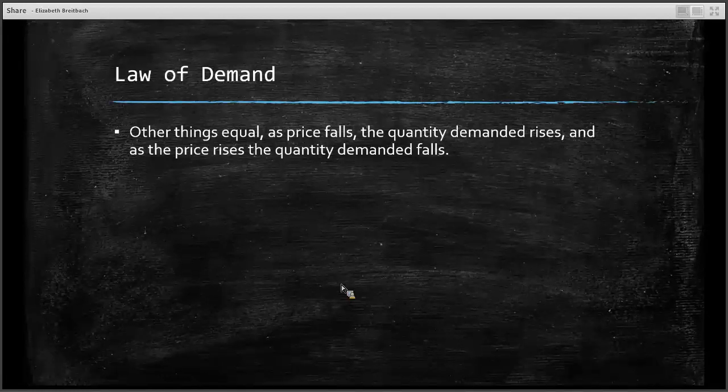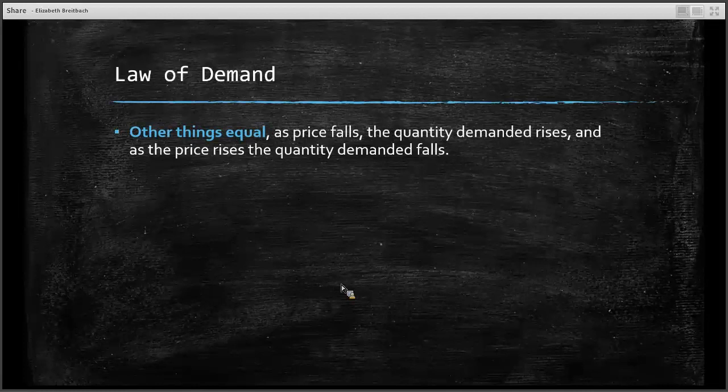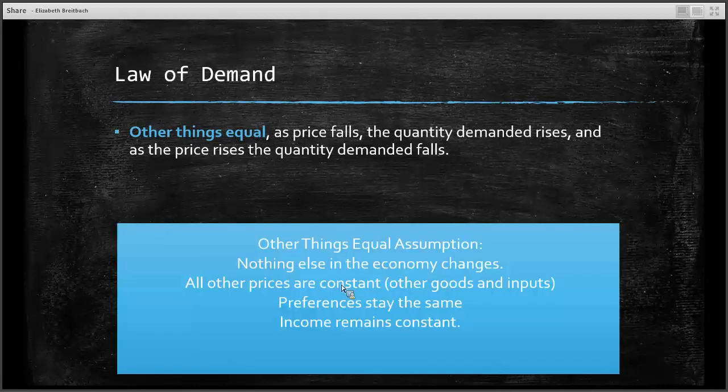All right, so let's start to break this down and really look at what does the law of demand tell us. So first off, this other things equal assumption. The other things equal assumption is that nothing else in our economy is changing. It's only that the price of this product is changing. So as we were building that demand curve, we were assuming that the only thing in the economy that changed was that the price of coffee went from $5 to $4.